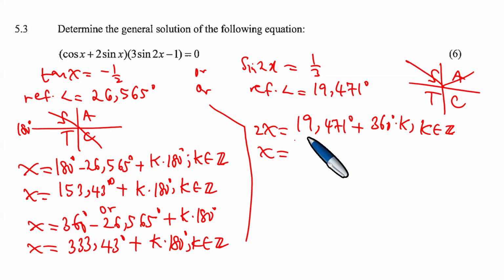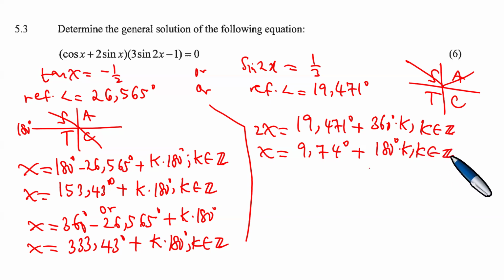Now 19.471 divided by 2 is 9.74 degrees. If you divide 360 by 2, we get 180 degrees, where k is an element of the set of integers. So we have found a set of solutions in the first quadrant of the plane.